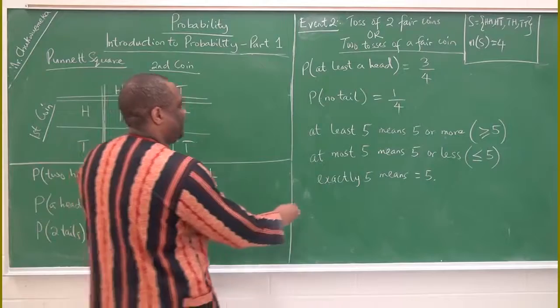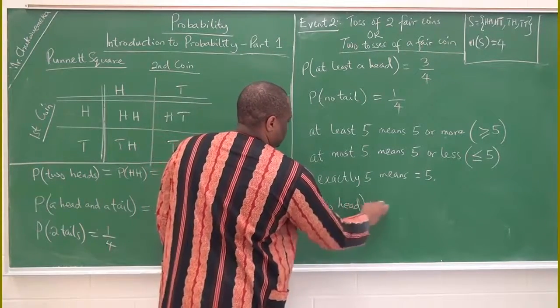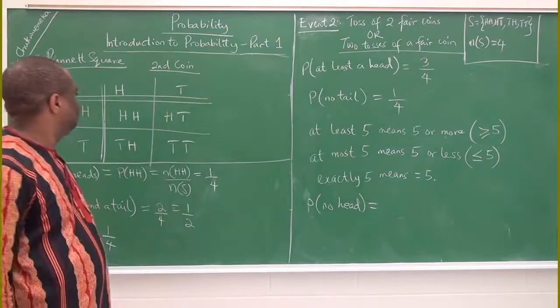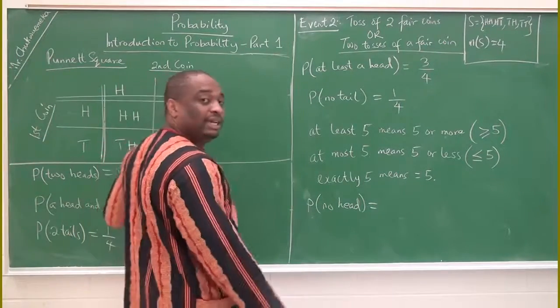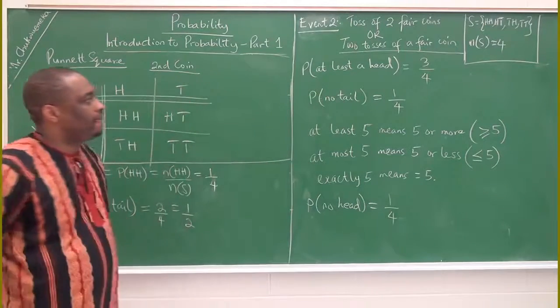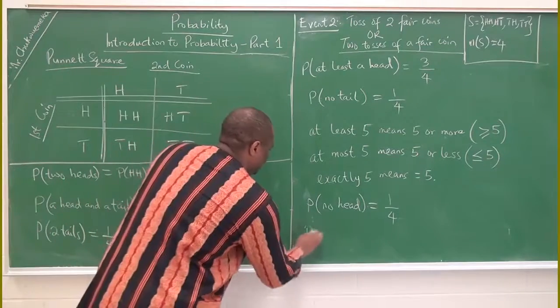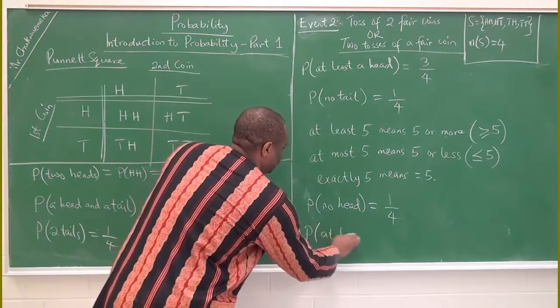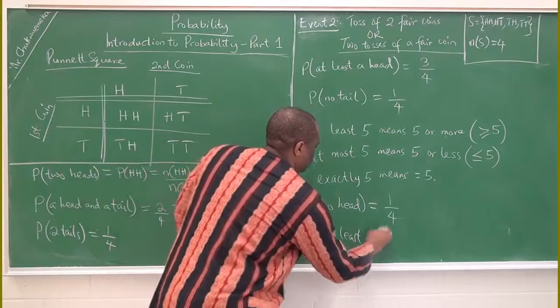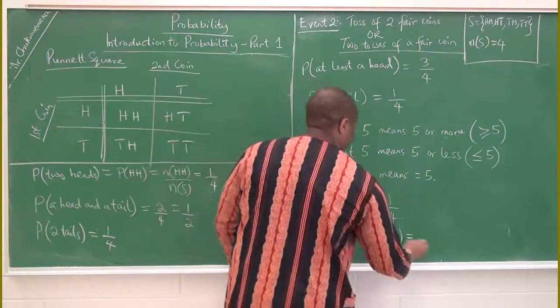If I say probability of getting no head, it will be only tail, which is 1 over 4. If I say probability of getting at least a tail, it will be 3 over 4.